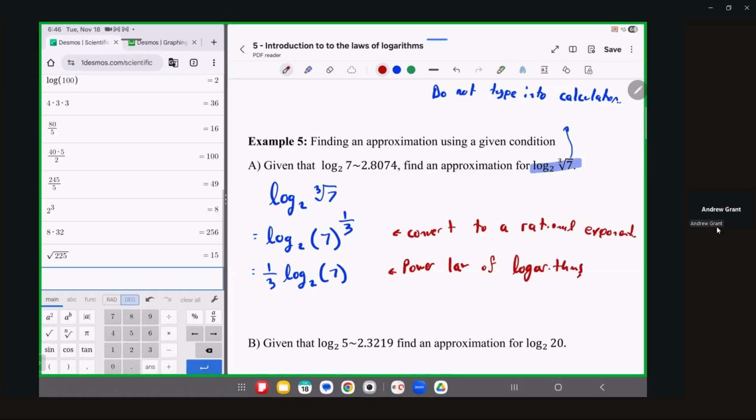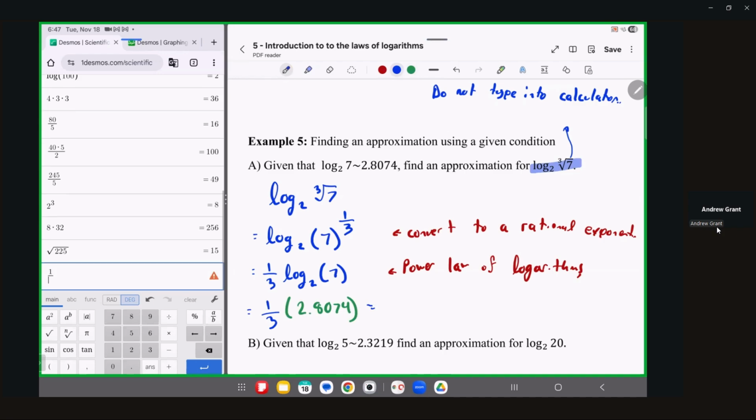And now look, we now have a log base 2 of 7. Well, that's that 2.8 number, right? So we can rewrite this as 1/3 multiplied by 2.8074. And this is an okay spot to use your calculator because now you're just saying what's 1/3 of 2.8074.